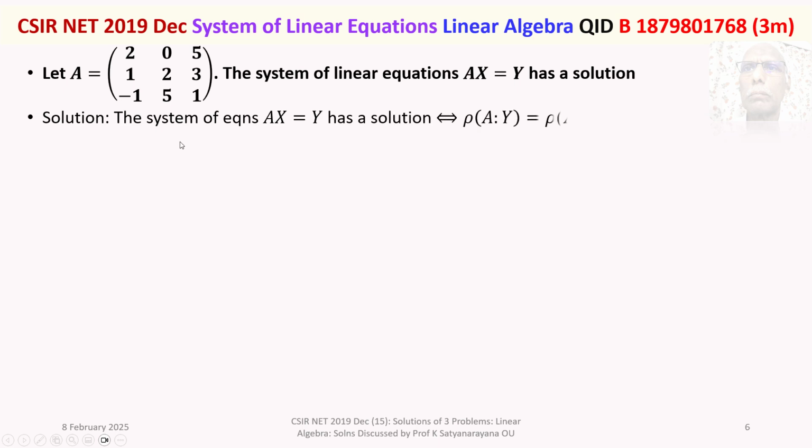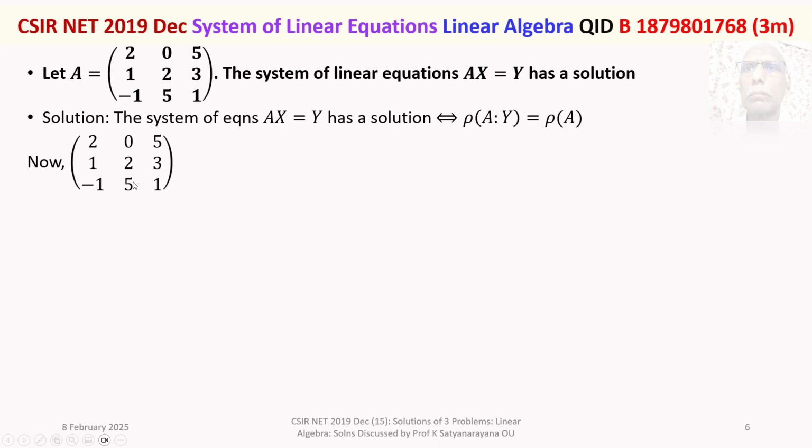This system has a solution if and only if the rank of the augmented matrix A with the column vector y is equal to the rank of the coefficient matrix A. And y is completely unknown here. So we will consider only A and find out its row reduced echelon form, and thereby we find its rank.